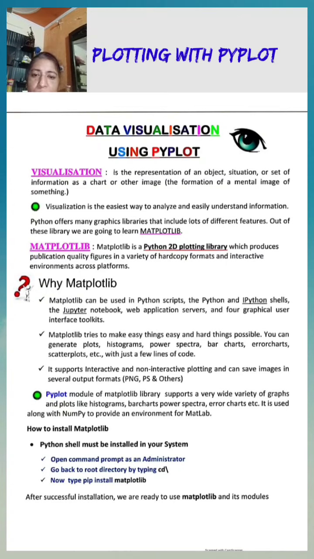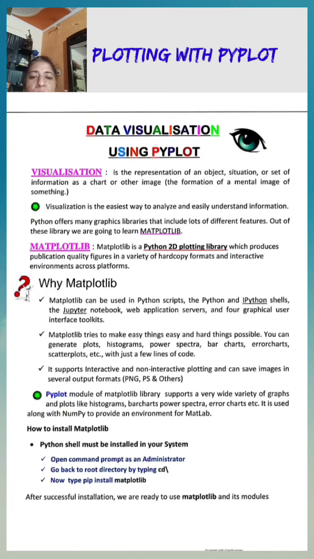These are very good quality graphs, good quality images. You can save these graphs and use them for your project file.